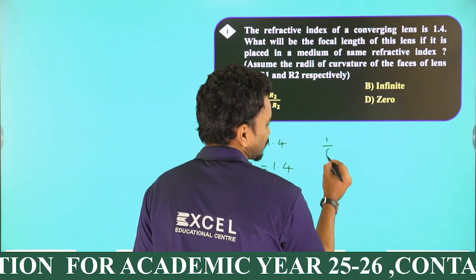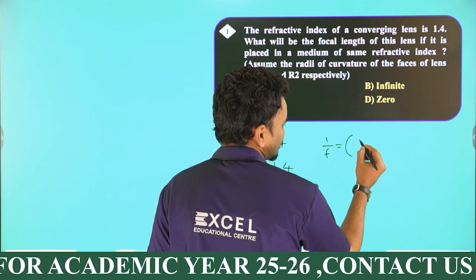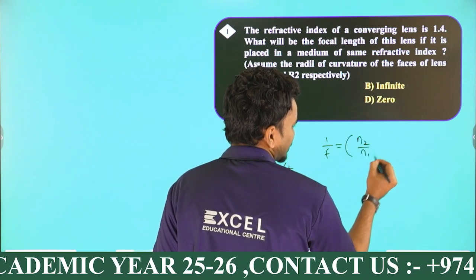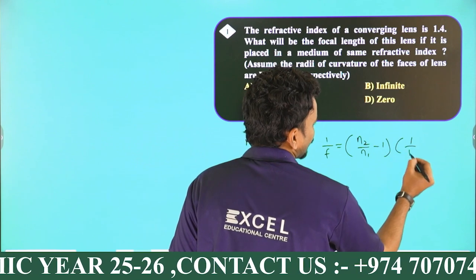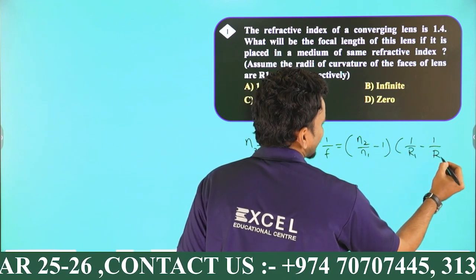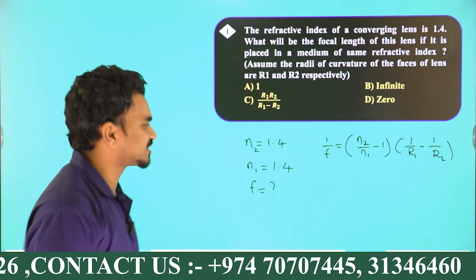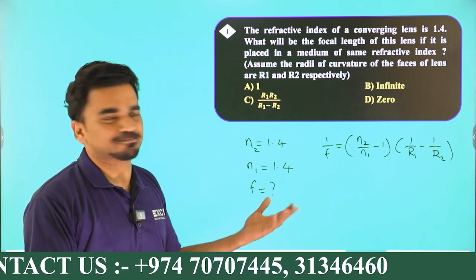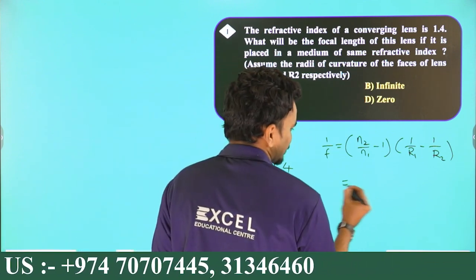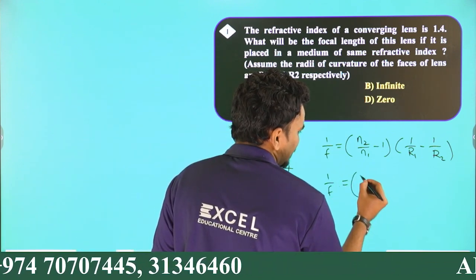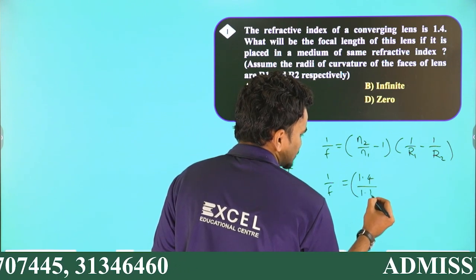What's the lens maker's formula? 1 by F is equal to N2 by N1 minus 1 into 1 by R1 minus 1 by R2. What are the N2 and N1 values? Same. So 1 by F equals, N2 is 1.4, N1 is 1.4.